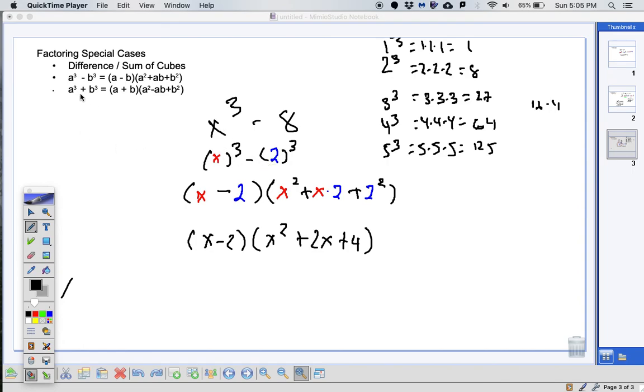Now, if this had been a plus instead of a minus, you do exactly the same steps. The only difference is the signs change. So if this had been a plus, this is a plus, this becomes a plus, and then this would become a minus. So I have to erase this one. So this would have been a minus right here.